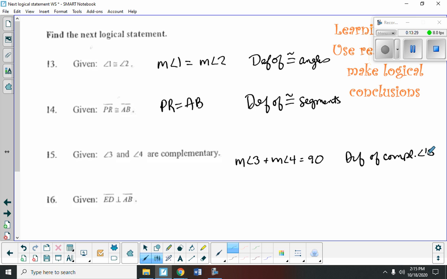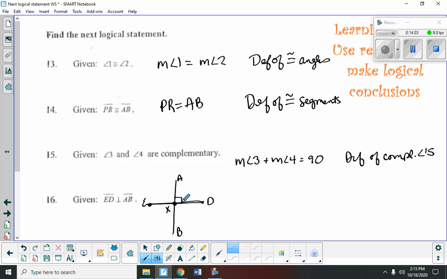And let's look at the next one. It says given line ED is perpendicular to line AB. So this is line ED, and then this will be line AB. And we're going to give this a point X right here. If they are perpendicular, let's look at perpendicular lines. What's the definition of perpendicular? Two lines that intersect to form a right angle.